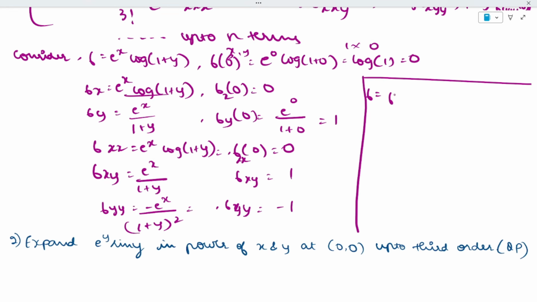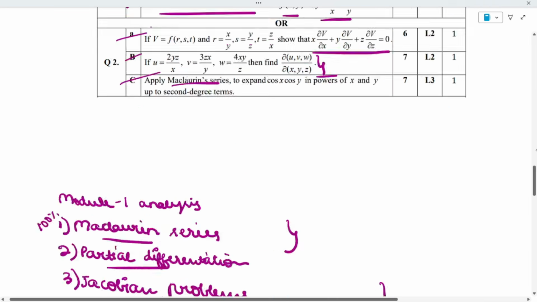F of 0 first is 0, plus 1 divided by 1 factorial, which is 1, that is x into 0 plus y into 1, plus 1 divided by 2 factorial, which is 2 into 1, which is 2 only. Now you can substitute x square into 0 plus 2xy into 1, plus y square into minus 1. This is how you got it.